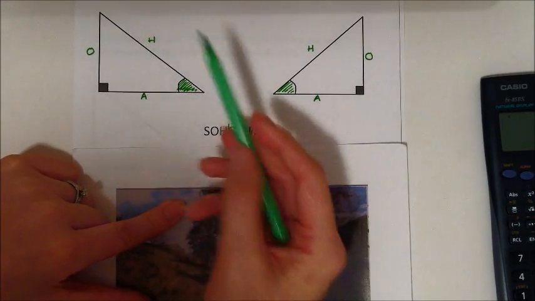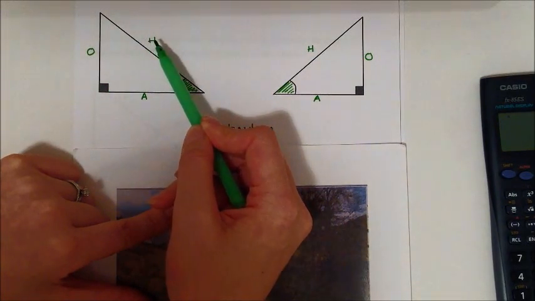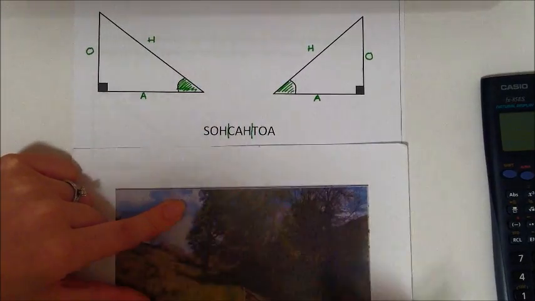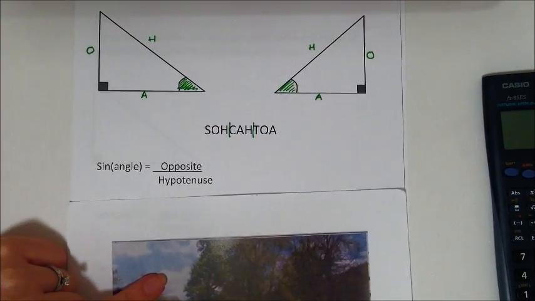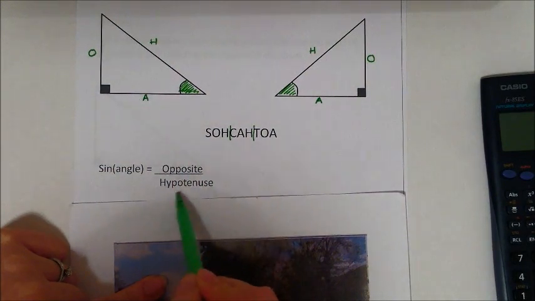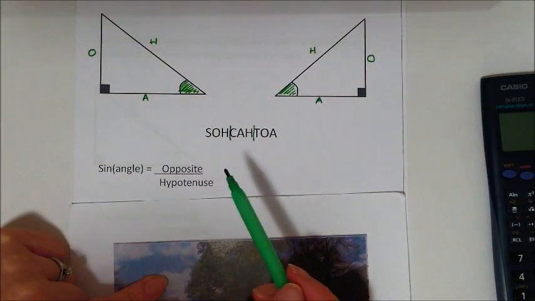So if we have the opposite and we want to find the hypotenuse, or we've got the hypotenuse and we want to find the opposite, we're working with O and H, so we're going to use SOH. And this gives me sine of the angle is equal to the opposite side divided by the hypotenuse. So it's a little formula, a little equation, we're going to use to be able to solve the problem.